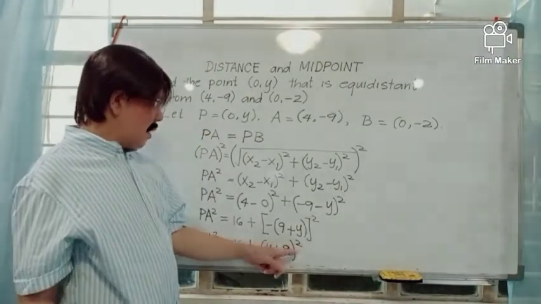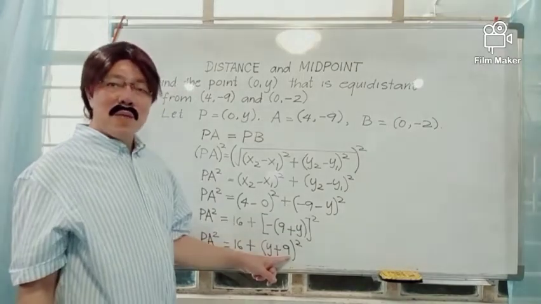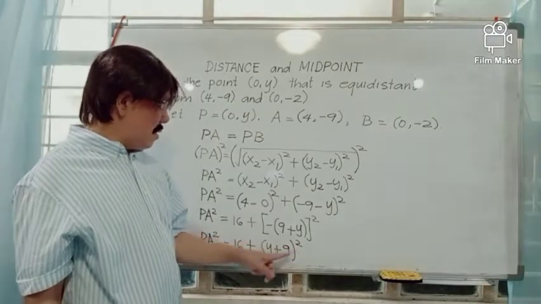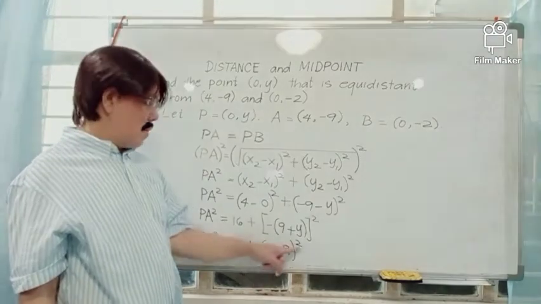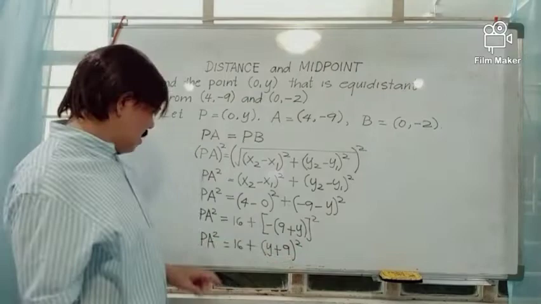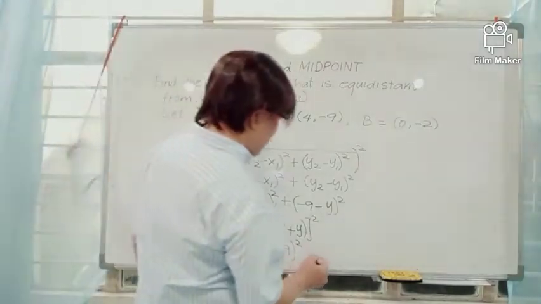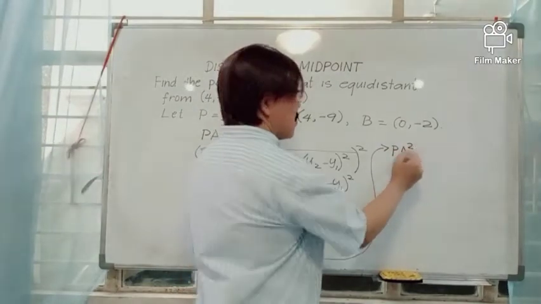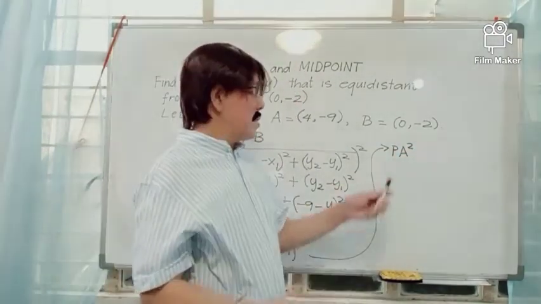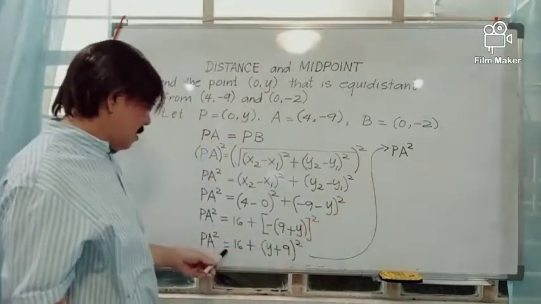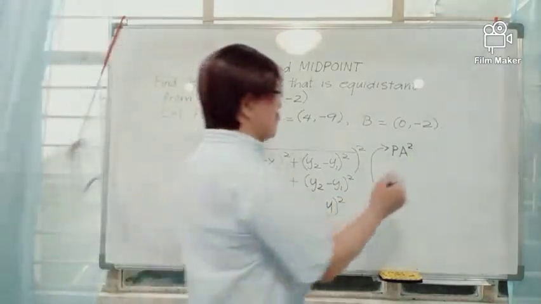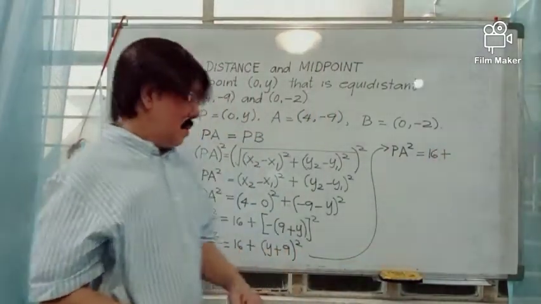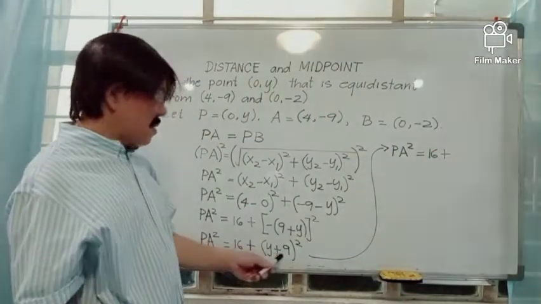To get the square of y plus 9, we apply one of the special product rules, the square of a sum, or the square of a binomial. So the square of the distance between the points P and A equals 16 plus the square of (9 plus y).